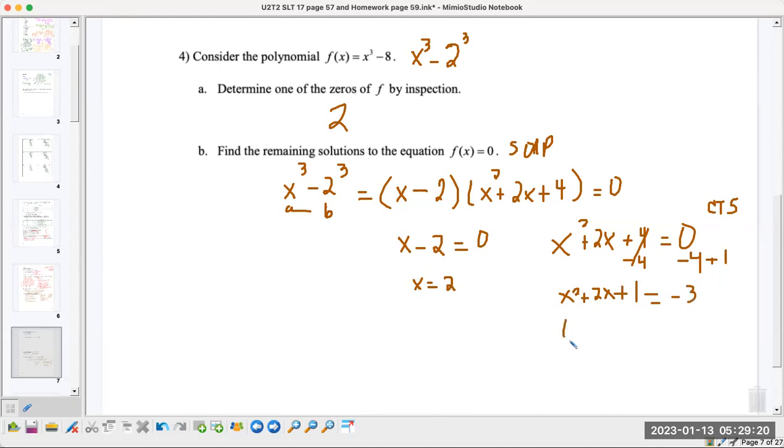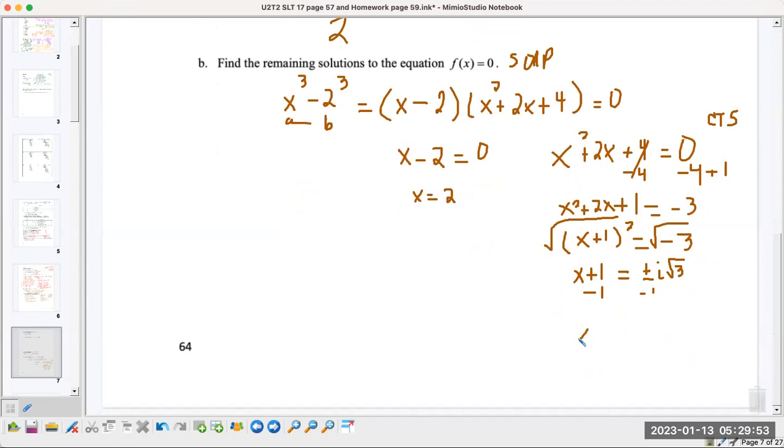All right, now I can factor this piece. It's x plus 1 squared, and then negative 3. Take the square root: x plus 1 equals plus or minus i root 3, and subtract 1 from both sides.